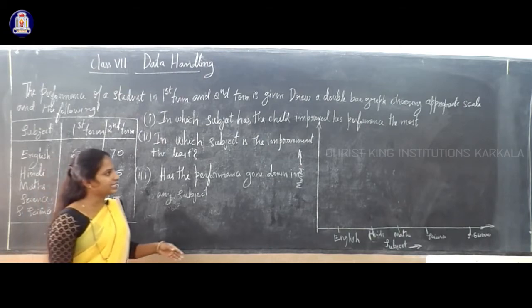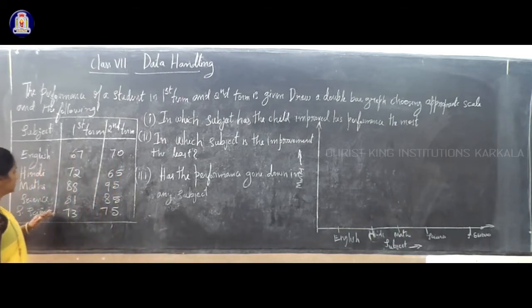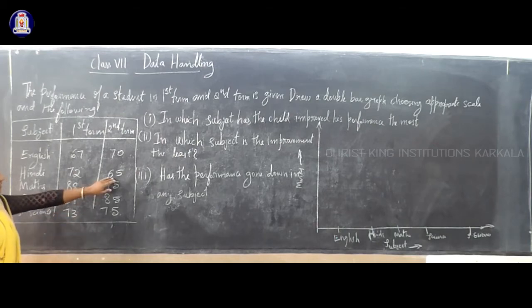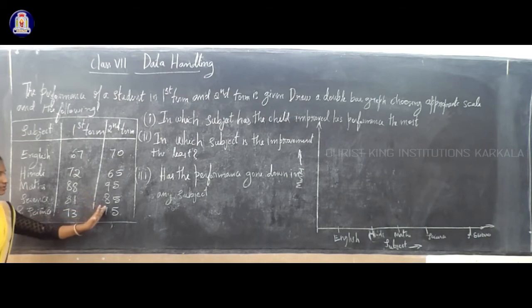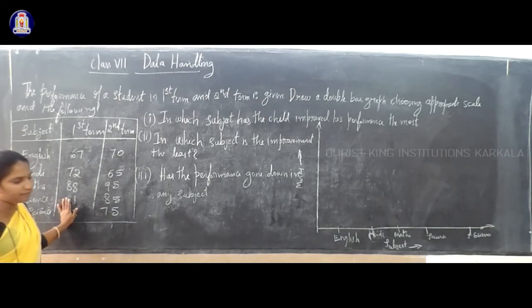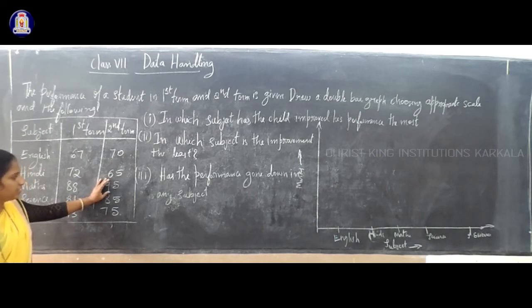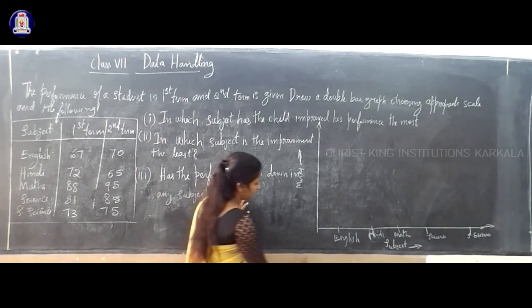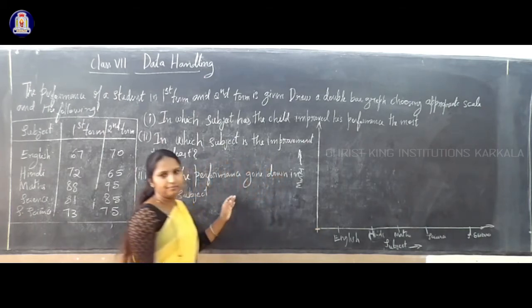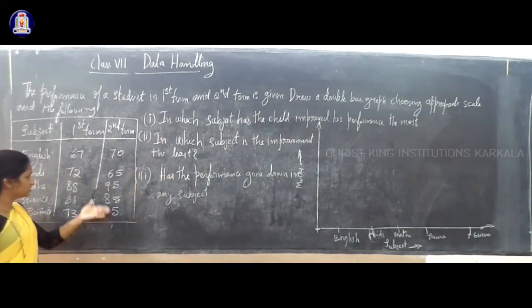Now in the vertical line, how can we write the numbers? That means marks. Which is the least number? Least marks, that is 73. No, 65 is the smallest number. Which is the greatest number? Maximum number is 95. So now how can we consider the scale? The maximum is 95, minimum is 65.